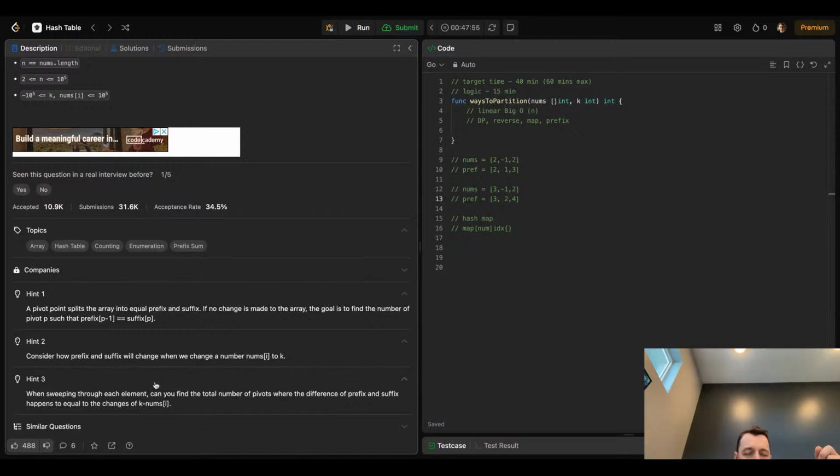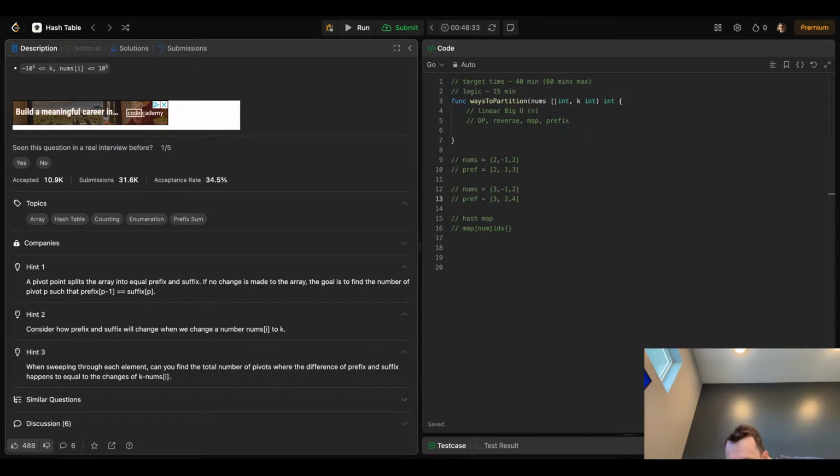Okay. And when sweeping through each element, can you find the total number of pivots where the difference of prefix and suffix happens to be equal to the changes of k?